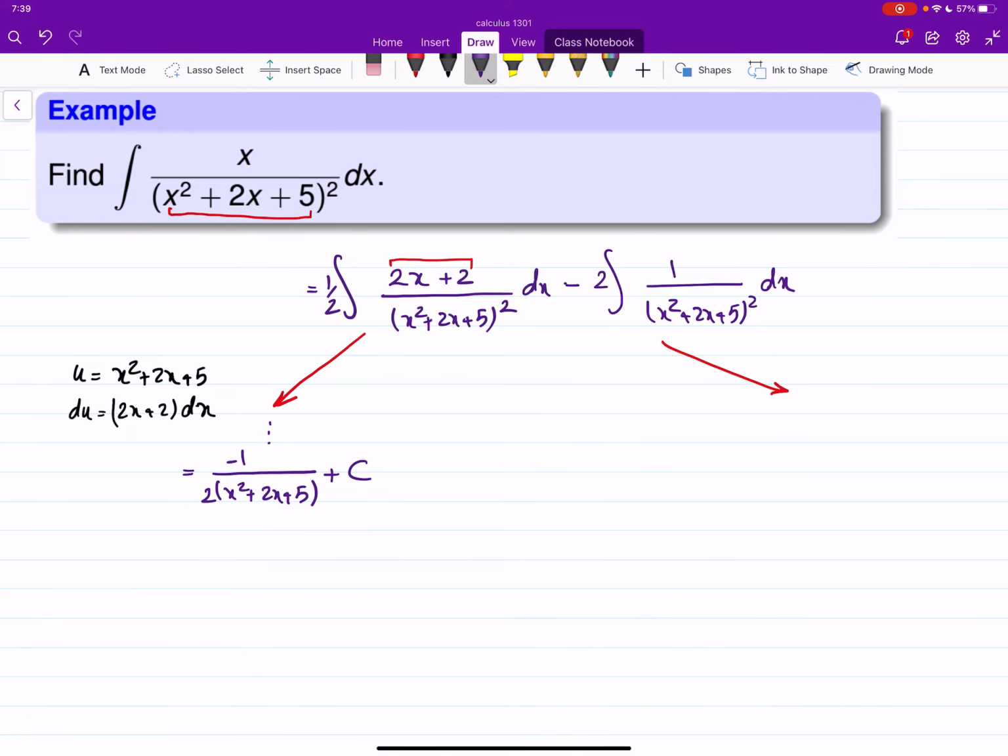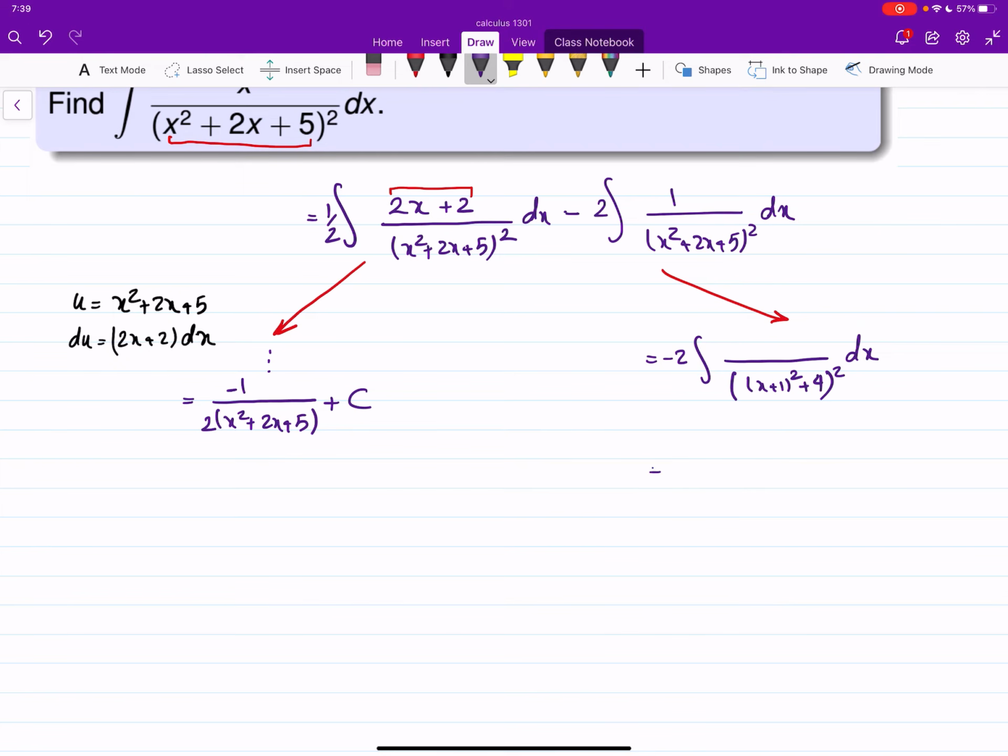Okay, how about this one? We have to complete squares. So that's the thing we have to do. Negative 2 integral of, here completing the square is (x + 1)² + 4, then squared, dx. Okay.